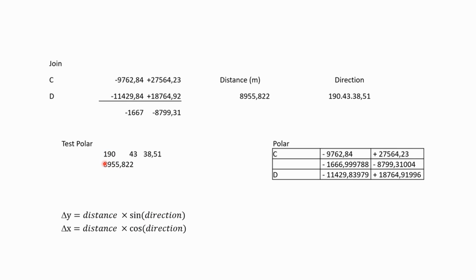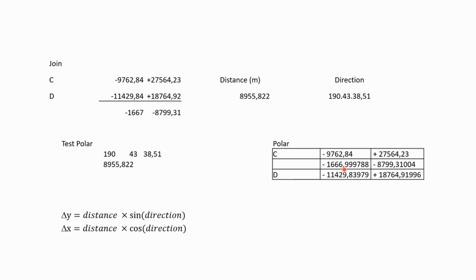So we say our distance times the cos of this direction, and we get a delta x value. Then we say our y coordinate for C plus our delta y, and we'll get a y coordinate for D. And we also take our x coordinate for C, plus our delta x, and we'll get an x coordinate for D as well.